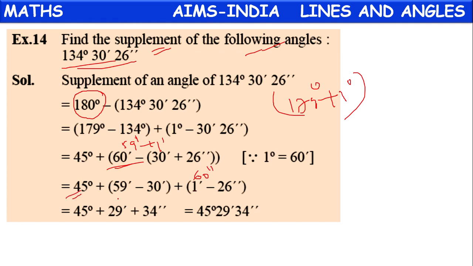So 45 degrees, 59 minutes minus 30 minutes is 29 minutes, and 60 seconds minus 26 seconds is 34 seconds. After combining, 45 degrees, 29 minutes, 34 seconds.